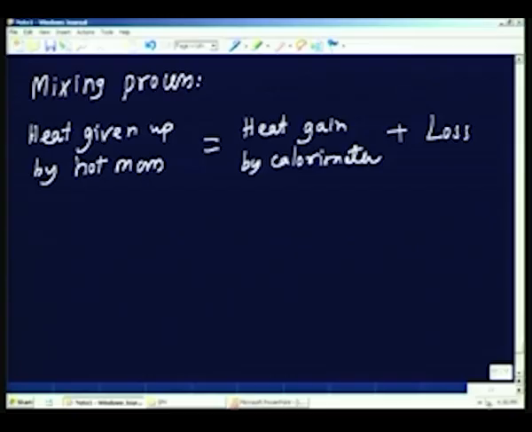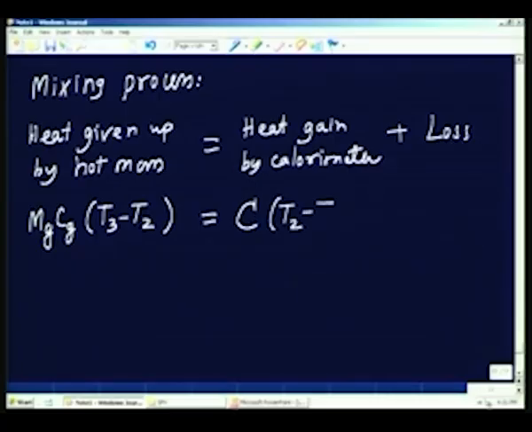So, I can write the heat given up by the hot mass as the mass m_g times specific heat C_g multiplied by T3 minus T2. It has come to the same temperature as that of the calorimeter at the end of the mixing process. The heat gained by the calorimeter is given by the thermal mass of the calorimeter, which I will call capital C, multiplied by T2 minus T1, plus loss, which is capital L.